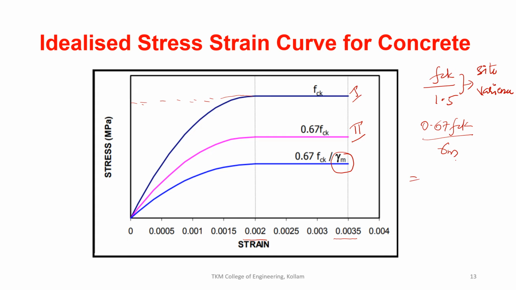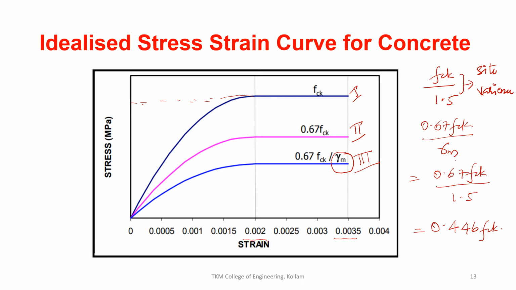That is 0.67 FCK divided by 1.5, and you will get this value as 0.446 FCK. That is the idealized stress strain curve. I'll take this curve 3 as my idealized stress strain curve for concrete, or the design curve for concrete.